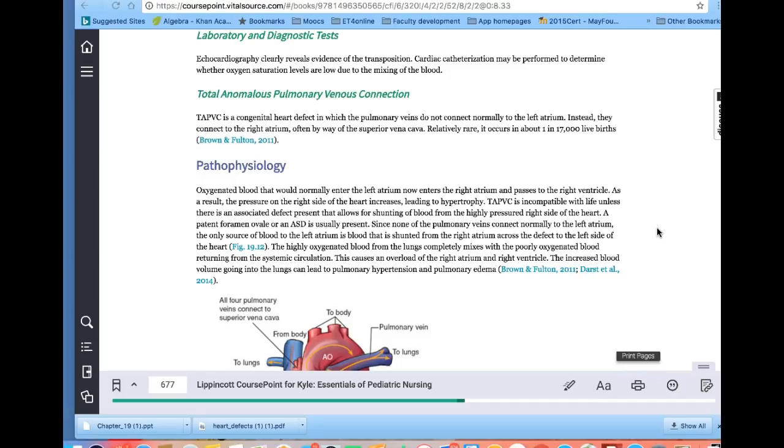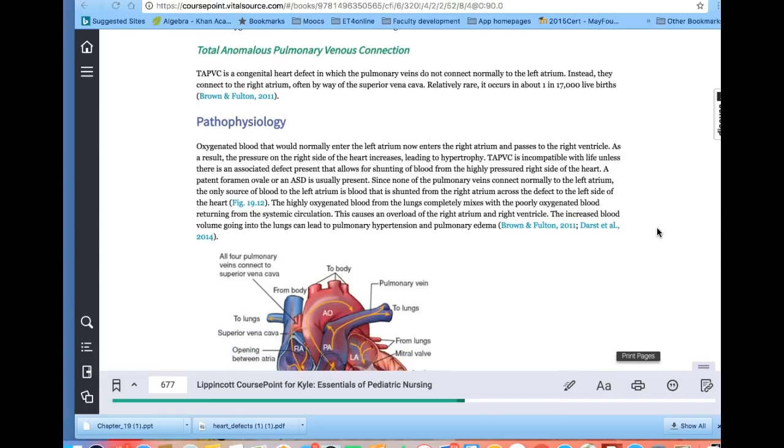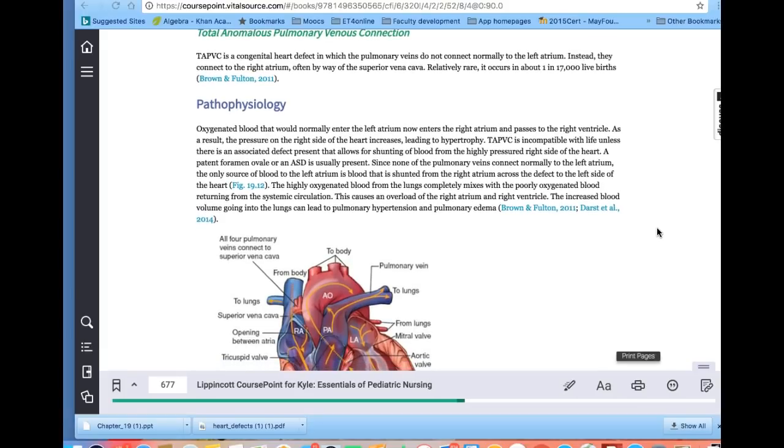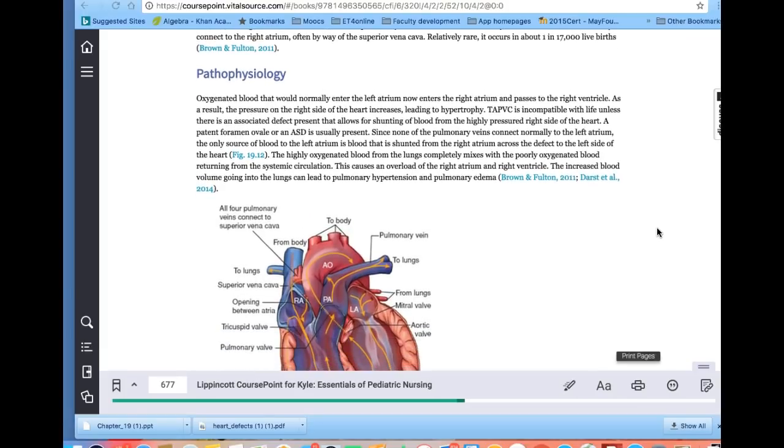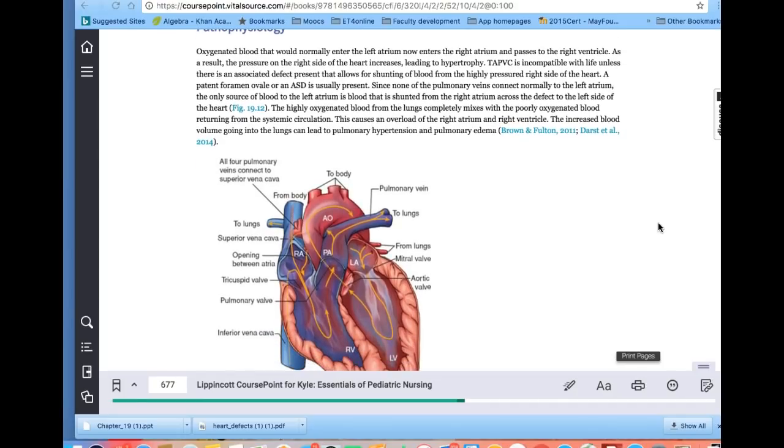All right, total anomalous pulmonary venous connection. Ugh, that's a mouthful. This one is not a good thing. It's really incompatible with life unless something else is going on with it. This is where, again, you want to have a patent foramen ovale or an ASD in order to get a little bit of oxygenated blood to the rest of the body.